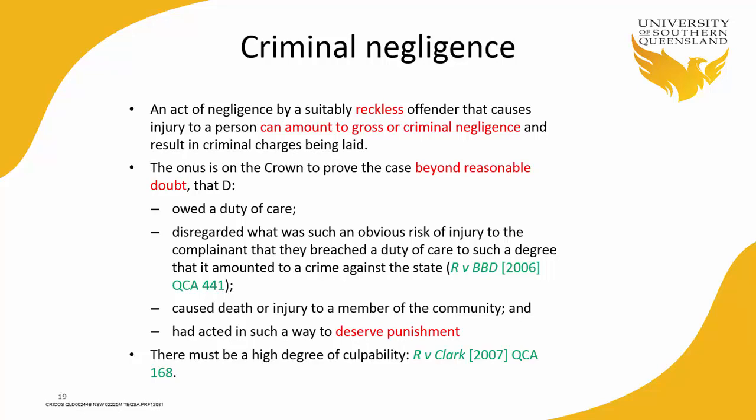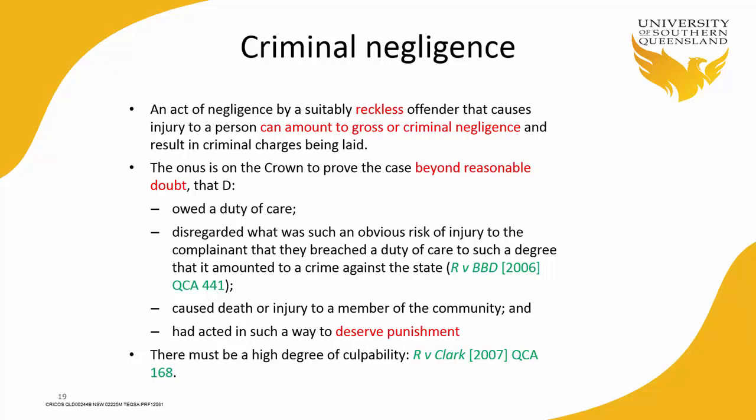Okay, and the most important thing, because it is criminal negligence, it's the Crown who's going to be prosecuting, so the onus is on the Crown to prove the case. As we do in criminal law, it has to be to the standard of proof beyond reasonable doubt. However, before a conviction can be obtained, the Crown has to show beyond reasonable doubt that the defendant did the following.